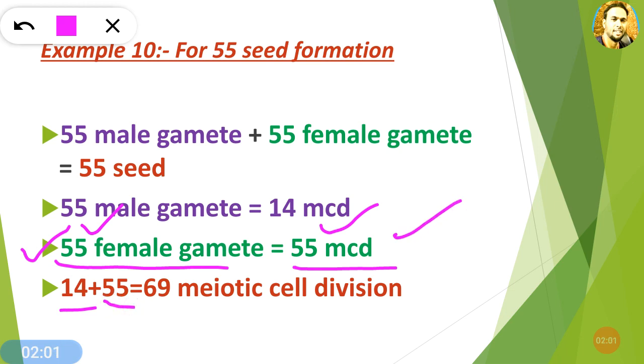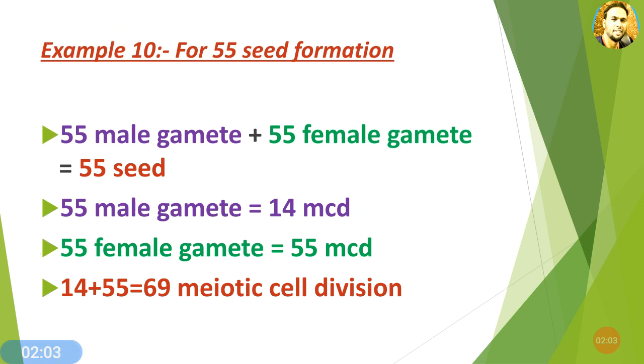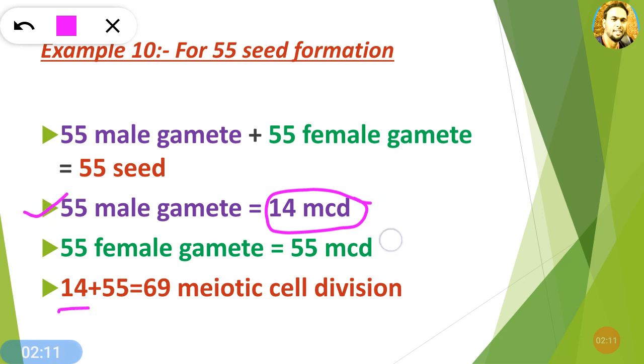So for producing 55 seeds, 14 meiotic cell divisions are needed for the 55 male gametes, as well as 55 meiotic cell divisions for the 55 female gametes. That's why 14 and 55 are here, and 14 plus 55 is equal to 69.